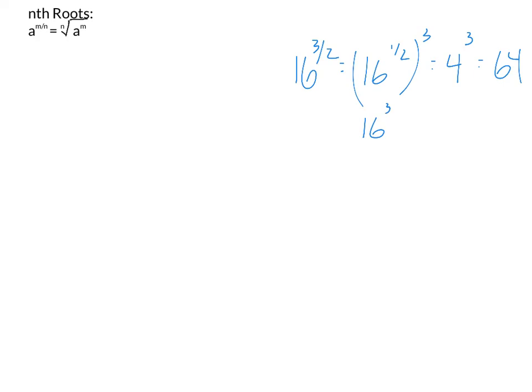I could have done 16 cubed and then taken it to the 1 half power. I don't know what 16 cubed is off the top of my head. It's some number raised to the 1 half, and then whatever its square root is ends up being 64. So this is whatever 64 squared ends up being. Okay, again, get all this in your notes, and we are done.